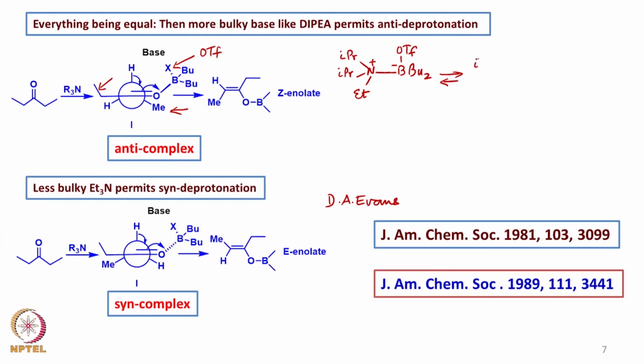That means you have iPr2NEt, and of course we have the boron here, Bu2BOTf. So, this is actually in equilibrium with each other. That means it attaches to the boron and it dissociates from it.